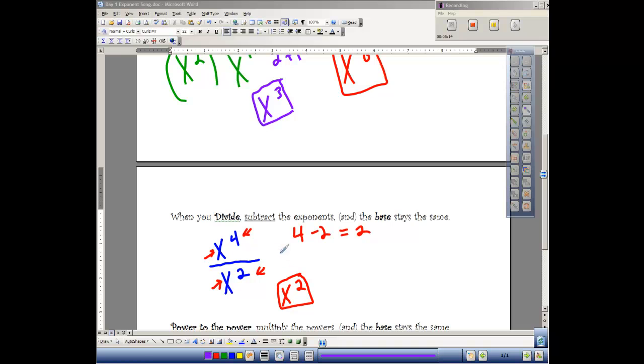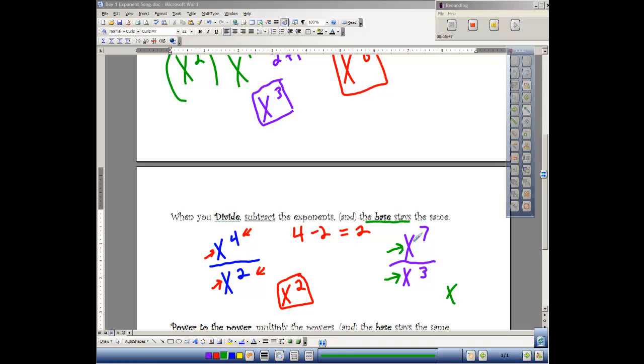All right, so I have x to the 7th power over x to the 3rd power. Let's see what we can come up with. I have a base, that's a base, that's a base. The base stays the same, so I'm going to bring my base down.